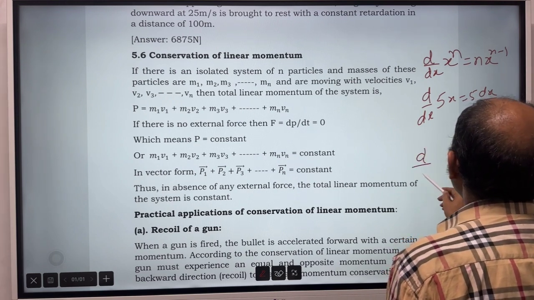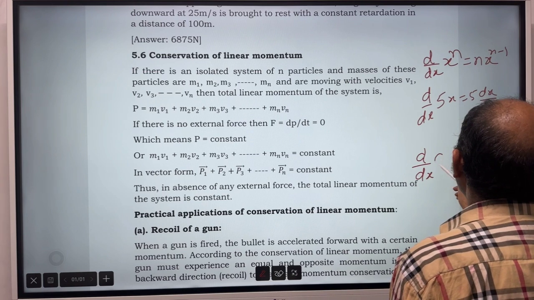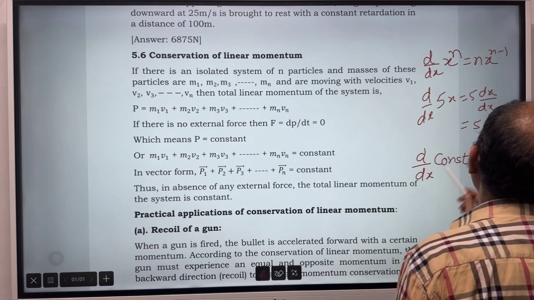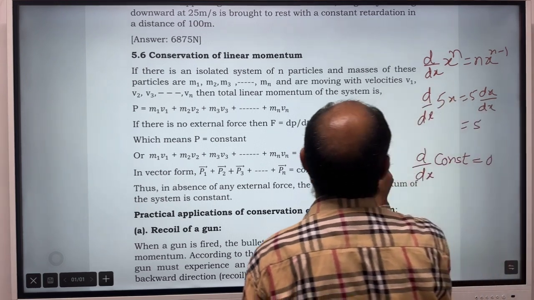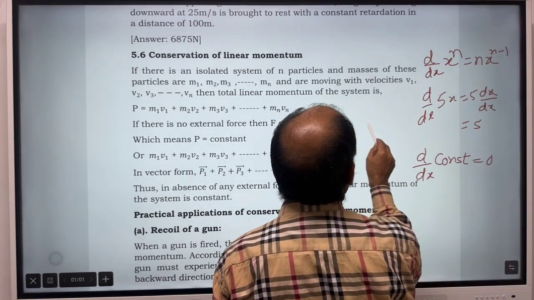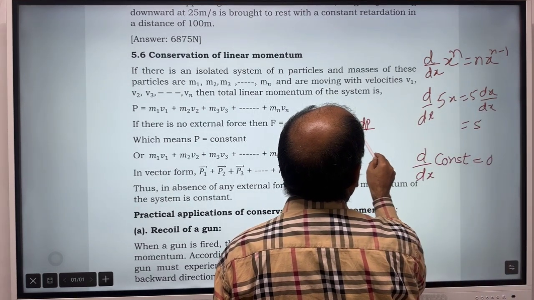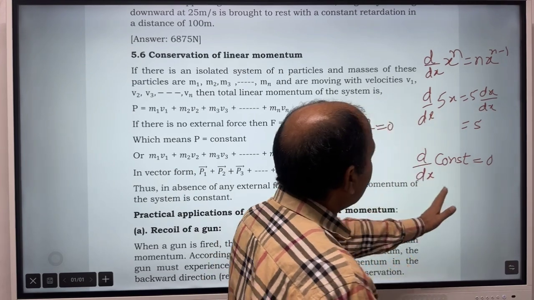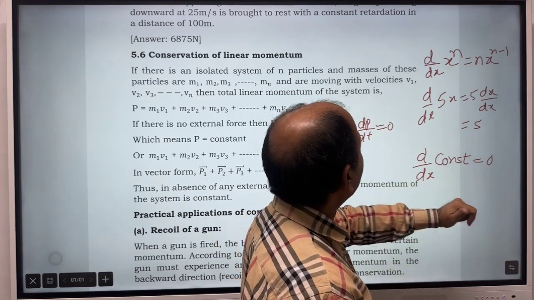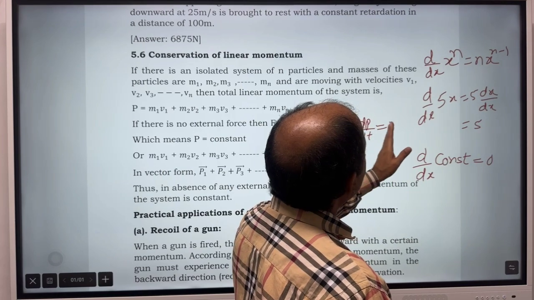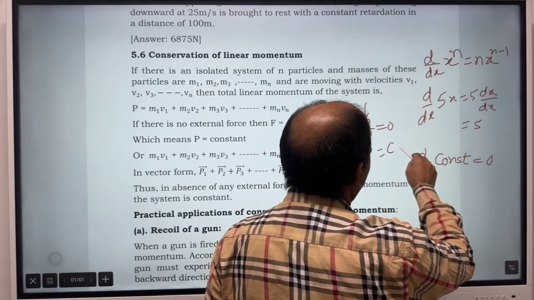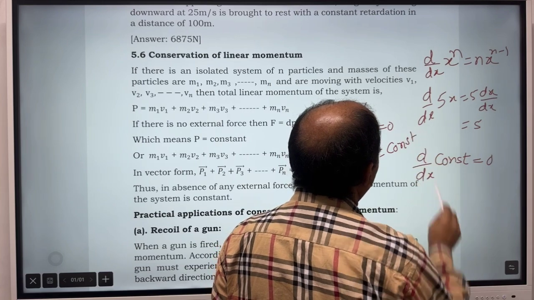But d upon dx of a constant will be 0. In our question, what we have got? When F is 0, we got dp upon dt equal to 0. This is the same case. d upon dx of constant equal to 0. Here differentiation is 0, it means p must be constant. So that is why we say p is constant.